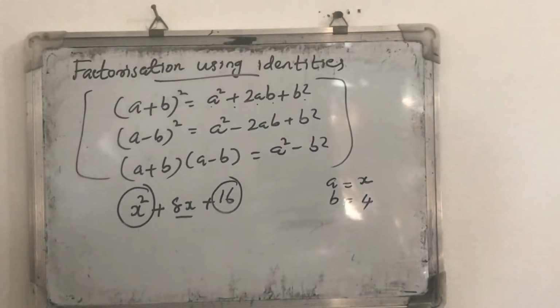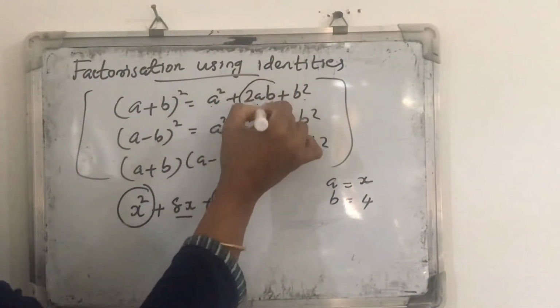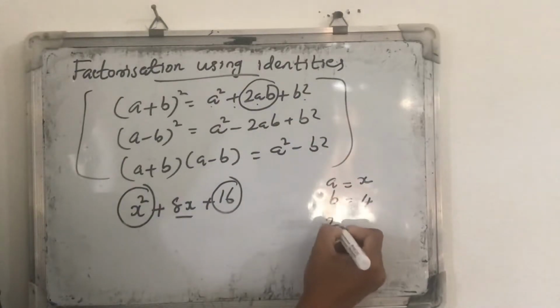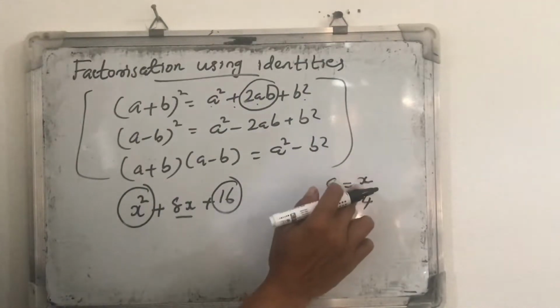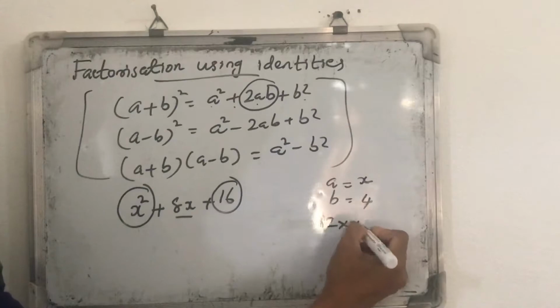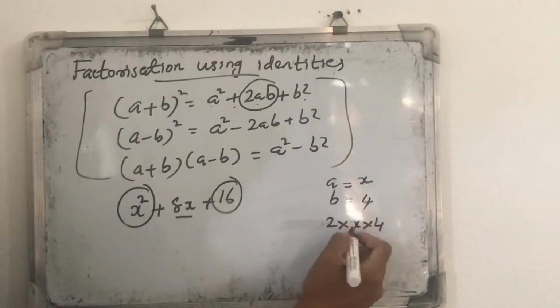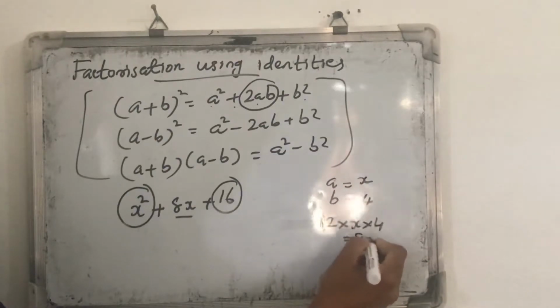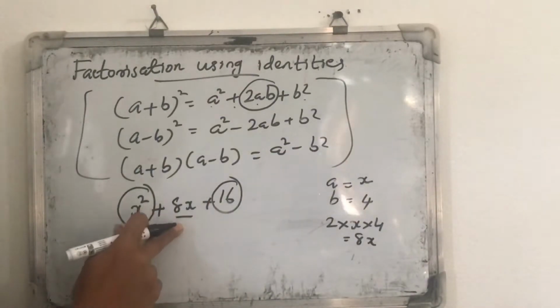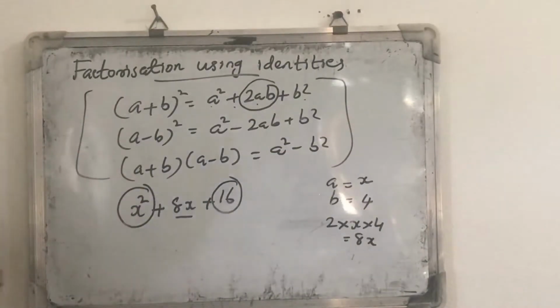Then can we write the second term 8x in the form 2ab? That means 2 into a, which is x, into b, which is 4. Now 2 into x into 4, we know 2 into 4 is 8x. So that is the second term in the given algebraic expression.